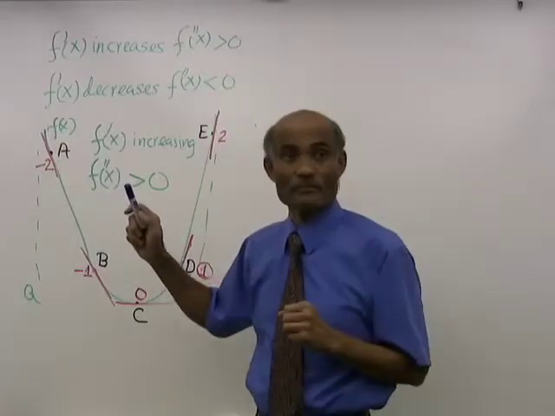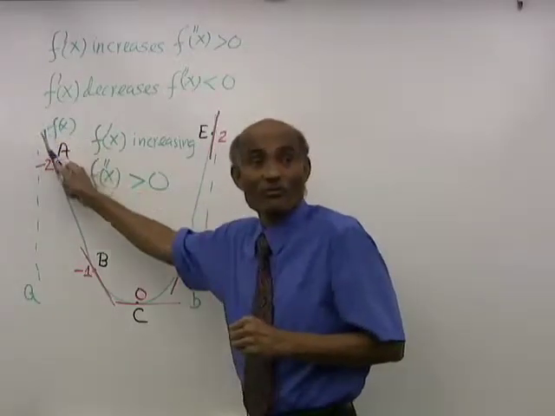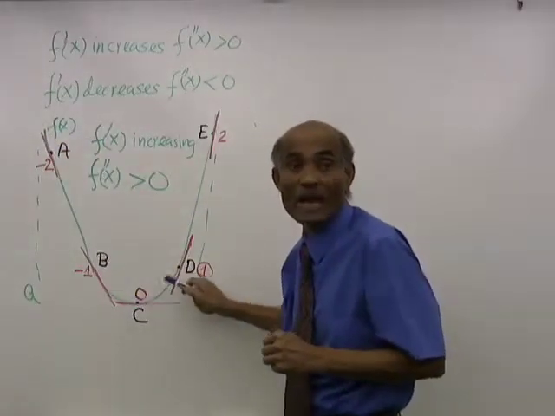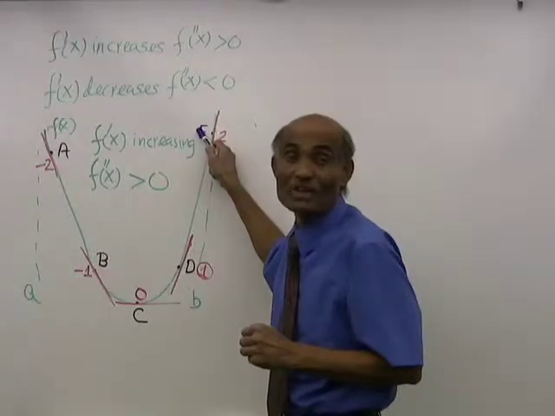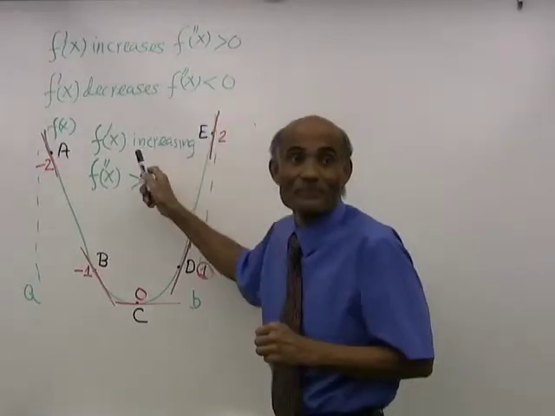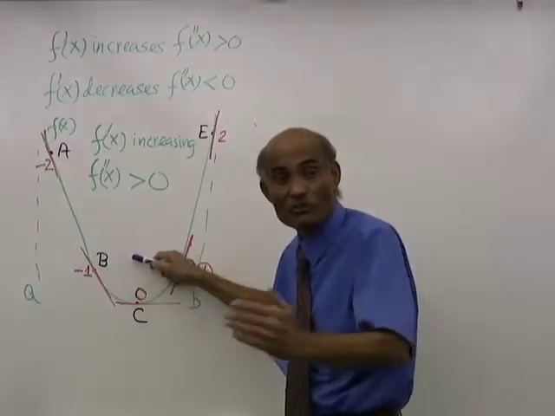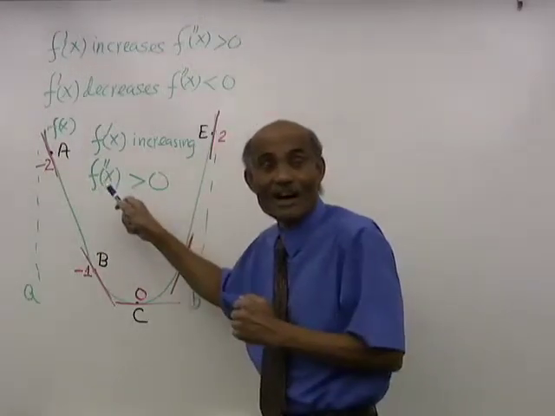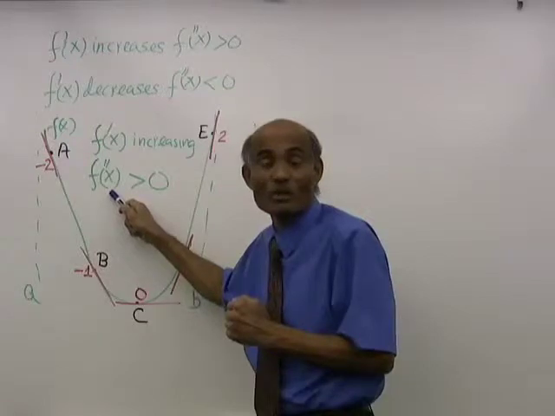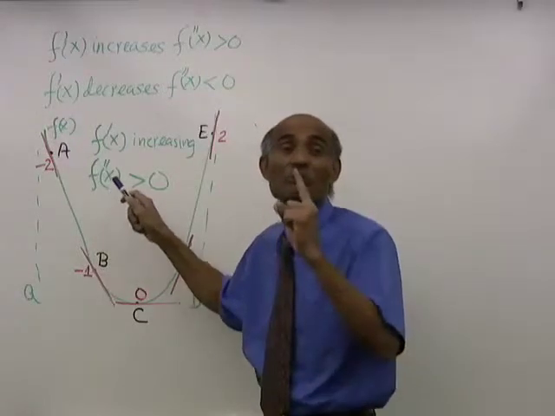Or, rephrase it. If the graph of a function is concave up on a given interval, then the first derivative will be increasing as you go from left to right, and throughout that interval the second derivative will be positive.